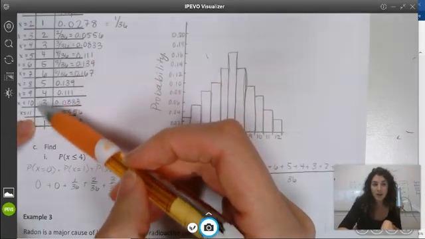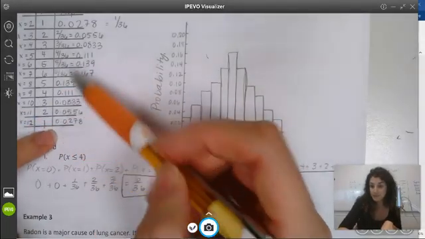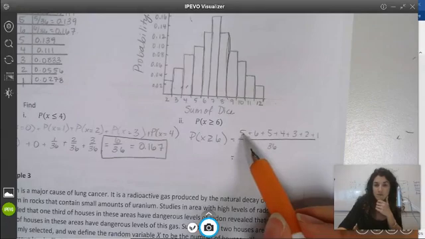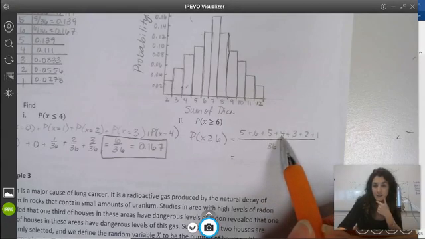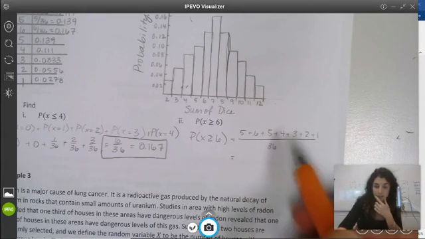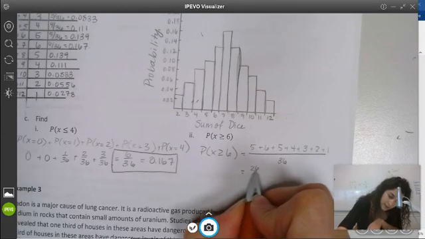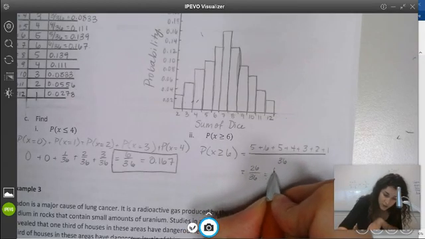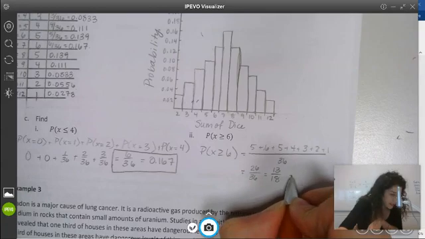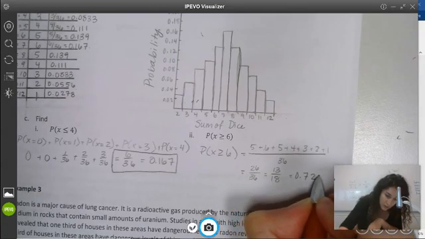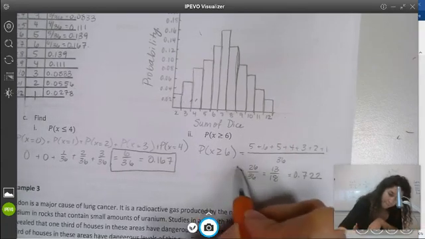Right? Just adding up all of these probabilities. So then that's going to be 5 and 5 is 10, 6 and 4 is another 10 to make 20. 20 plus 6 is 26, which is 13 over 18, which is 0.722.